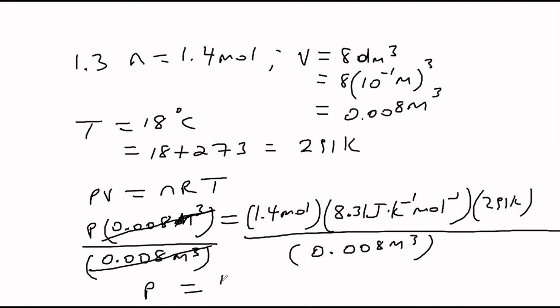The answer is 423,186.75 Pascal. If we divide it by 1,000, we get kilopascals, which is 423 kilopascals. Okay, that is the answer. Let's go back to our notes.